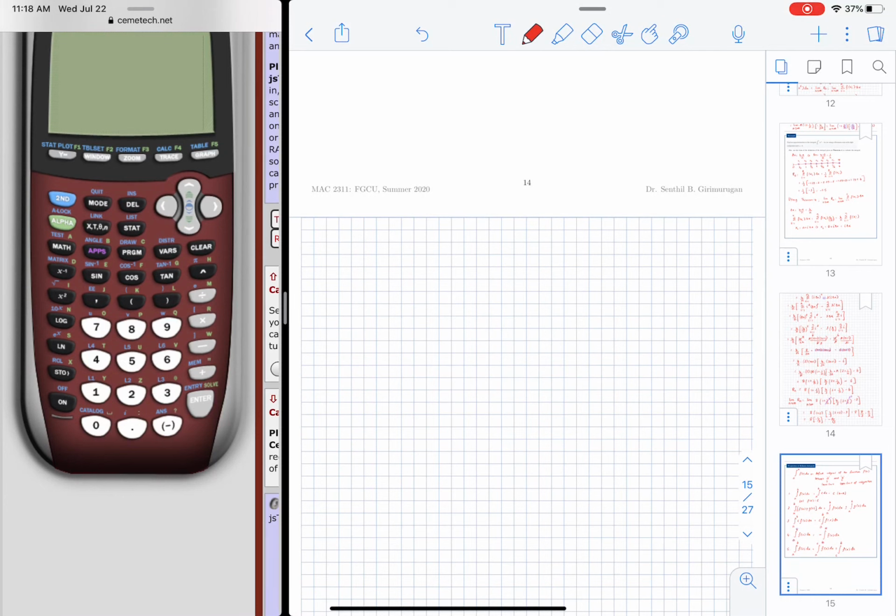So what do I mean by that? That property can be seen easily from a graph. Suppose we want to find the area under a curve of that sort.